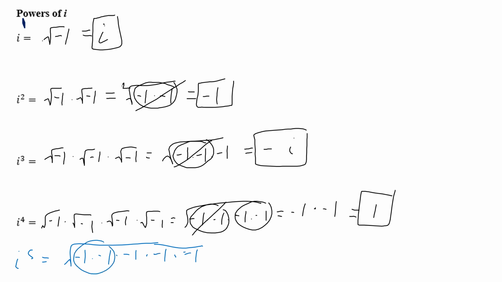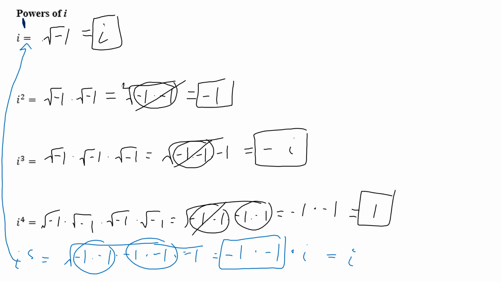Here's a pair. I can take one out. Here's another pair. I could take another pair out. And we'd be left with the square root of negative 1, which we know to just be i. Negative times a negative right here will give us a positive, and we would just be left with i. But that's the same answer that we got for i.